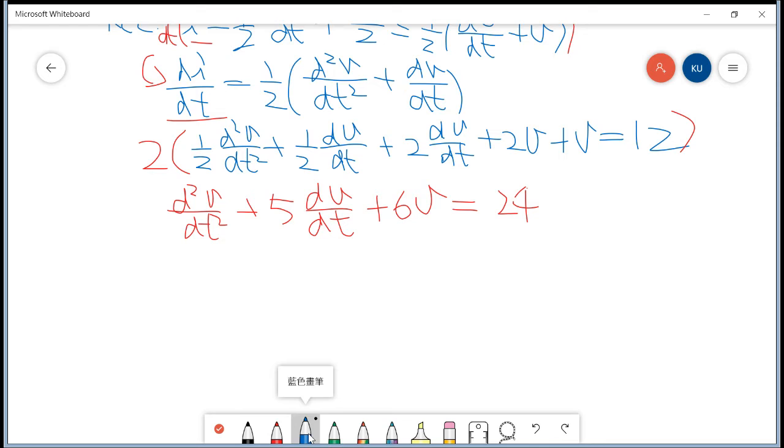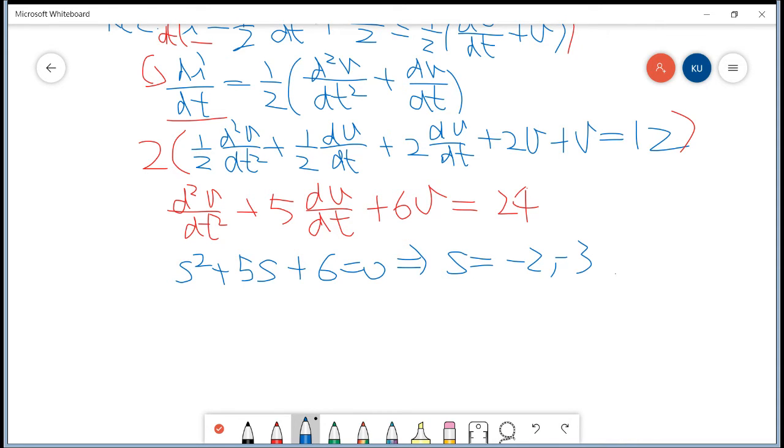So actually we substitute the second derivative as s squared, and then the first derivative as s, and then the original function as 1, so that we have a characteristic equation like this, and we can solve that. S is equal to -2 and -3. So actually the complementary solution would be a exponential to -2t plus b exponential to -3t.